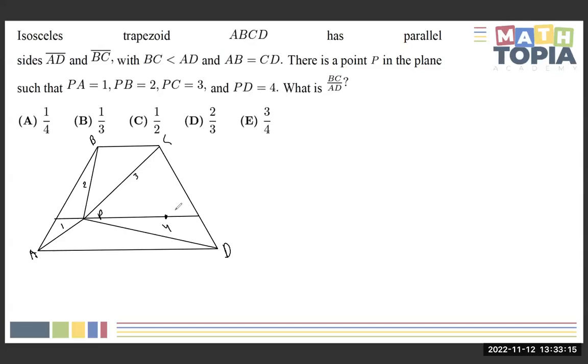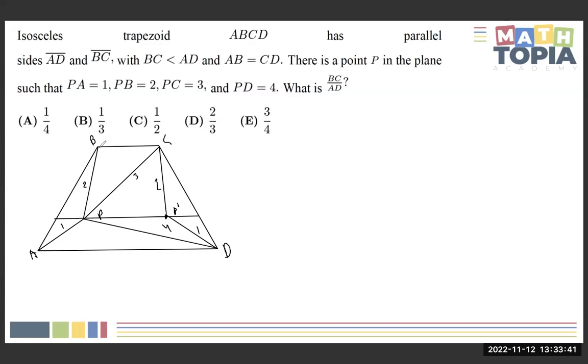We'll call this point P prime. And this is a point that is reflected across, we could say, the perpendicular bisector of this trapezoid. And from this point P prime, we get the exact same lengths, except on the other side.